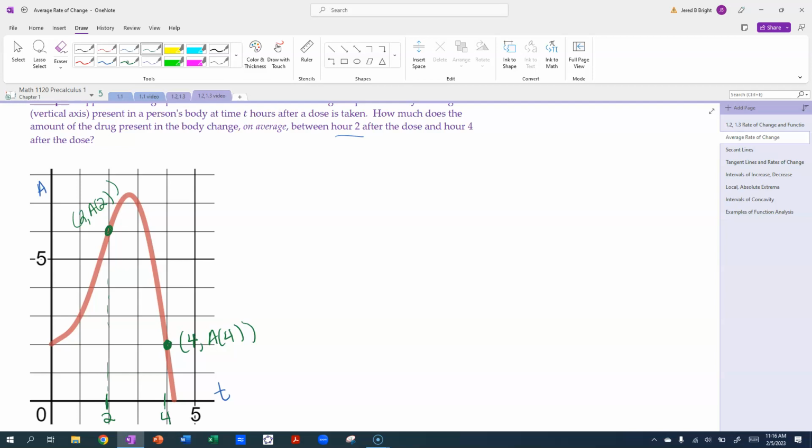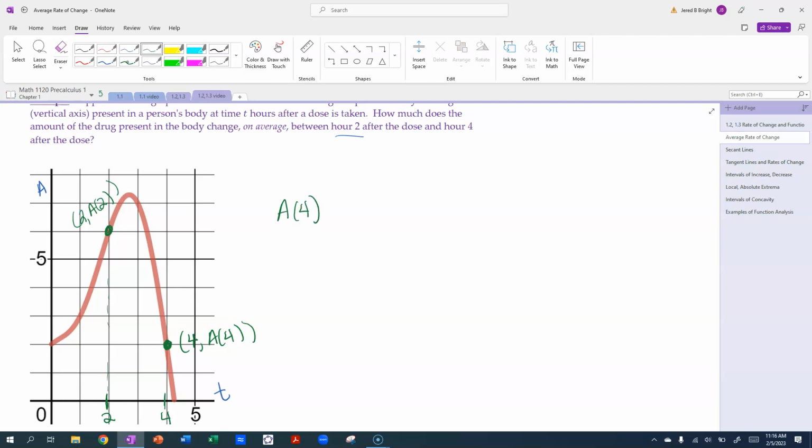But this is asking for the amount of change on average. So how do I compute an average? I would normally add the things up and divide by 2, if I had 2 points. Same sort of thing, but when we're looking at the amount of drug present changing, we will be looking at the difference in the A value.